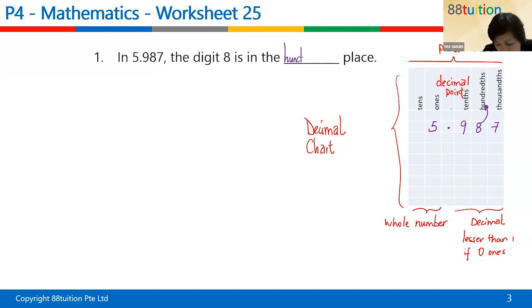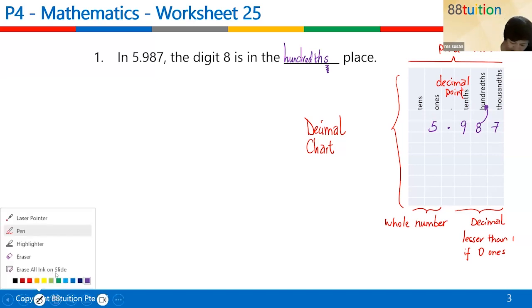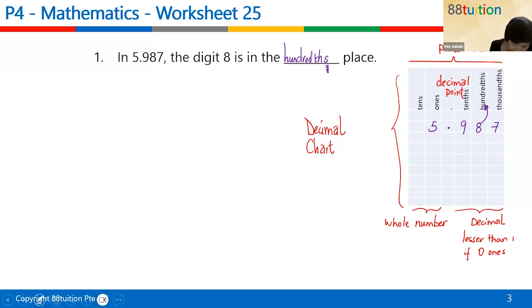Hundredths, first thing first, you must end up with TH. And on top of this, S is a must. You notice that each time I have this spelling here, it is always THS. Maybe I put this THS in blue.